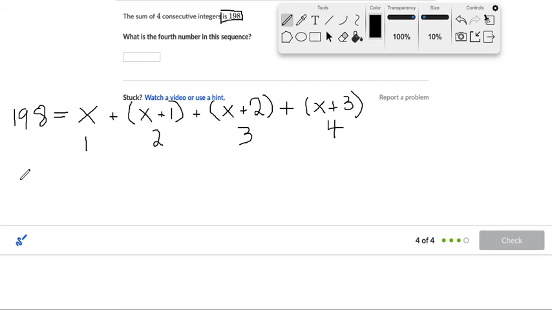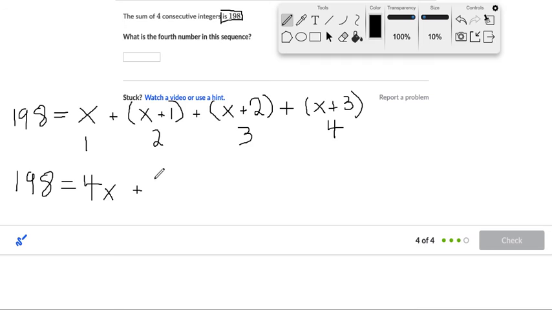Let's go ahead and simplify this, combine our like terms. So 198 equals, so we've got 1, 2, 3, 4 x's, 4x. And our constant terms, we've got 1 plus 2 is 3, plus 3 is 6.